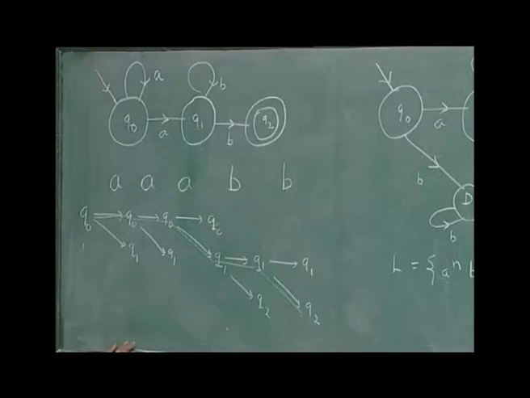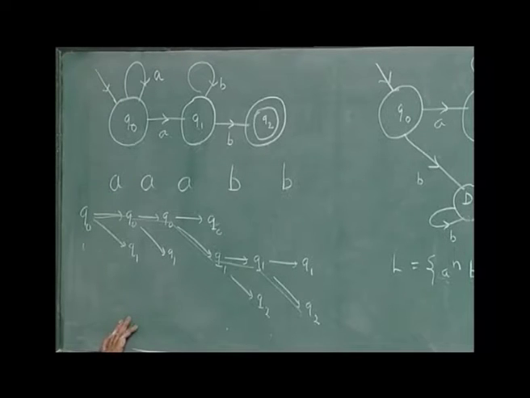The string is accepted if there is one sequence of states which leads you to acceptance. That is the definition of a non-deterministic automaton. So, when you connect it with sequential circuits, you generally think about only deterministic automaton. But when we consider it as an abstract model, we can think both of deterministic machine and non-deterministic machine.